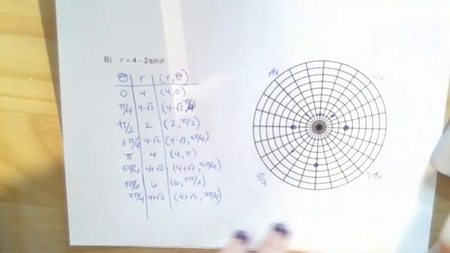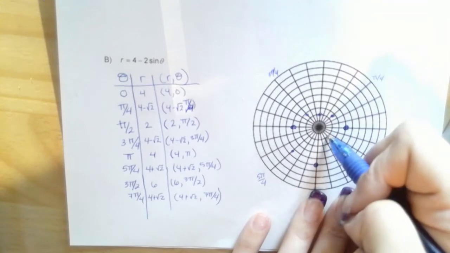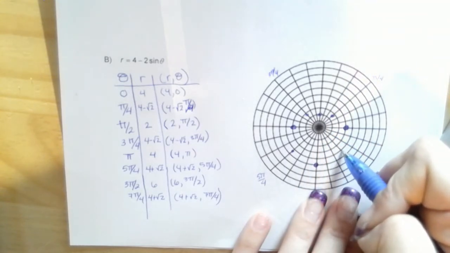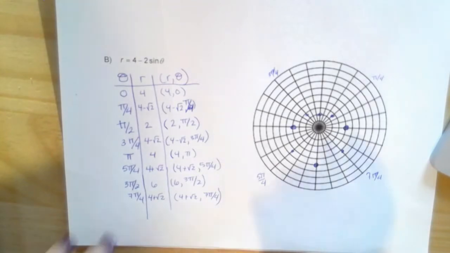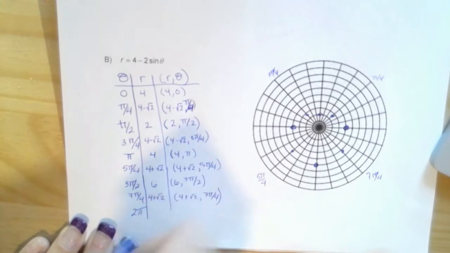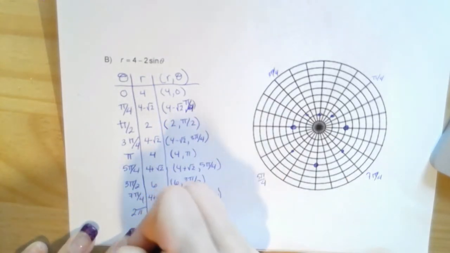So I'm going to go out a little bit more than 5. So 1, 2, 3, 4, 5, and a little bit more. Let's do one more because we haven't repeated, and I really want to check that nothing seems funny with this, okay? So we get 2 pi, and when we get to 2 pi, we go back to 4.